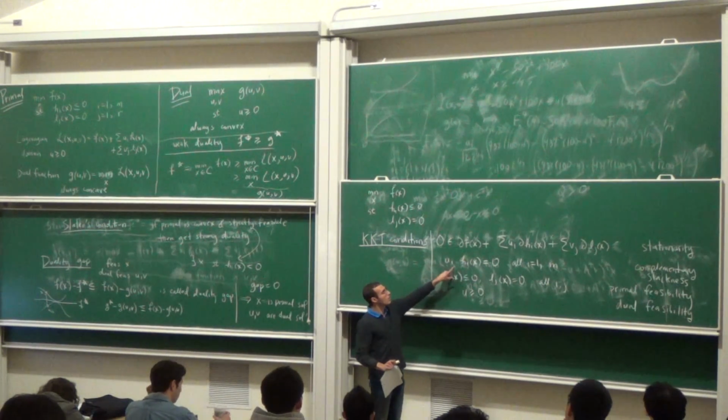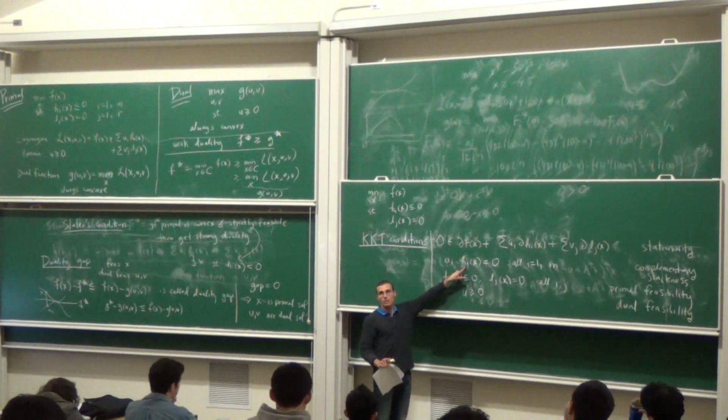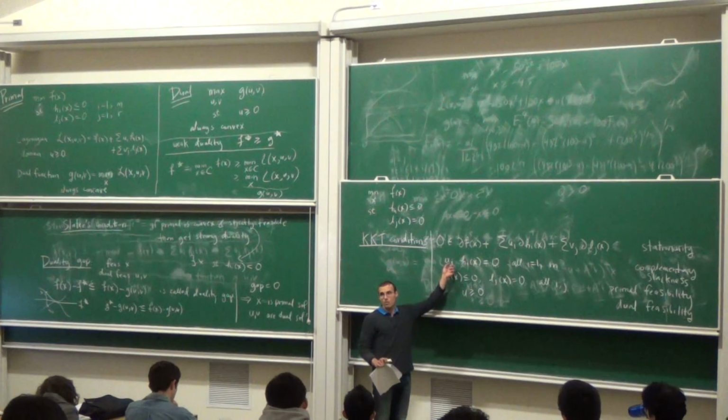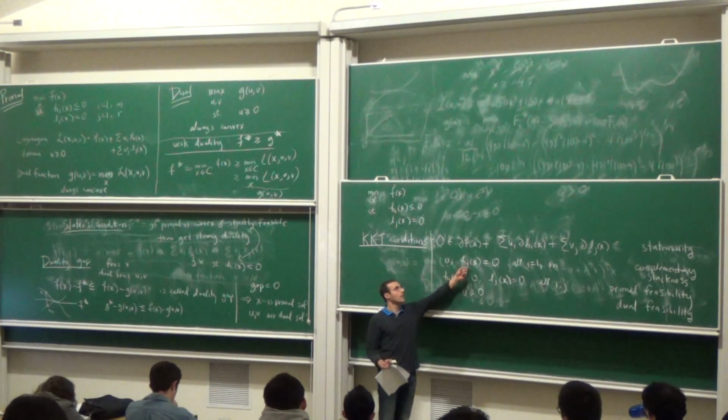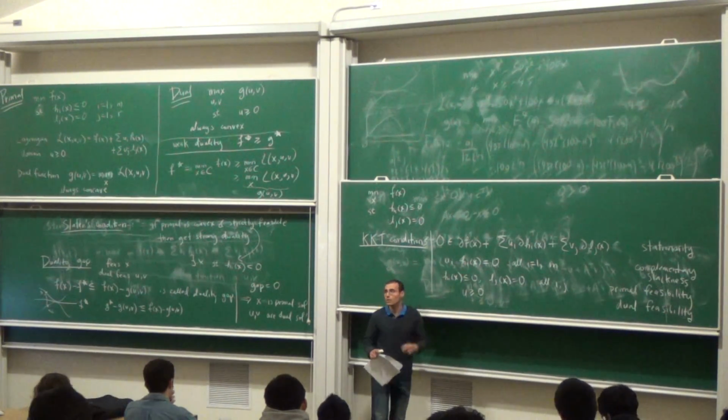This says that I have to have either u_i being equal to 0 or h_i being equal to 0 for every i. I can't have them both being loose. Remember that if u is a dual variable, then it should be bigger than or equal to 0. It's saying that I can't have u_i being positive and h_i being negative, strictly, for both of them. You have to have at least one of those 2 inequalities being tight.